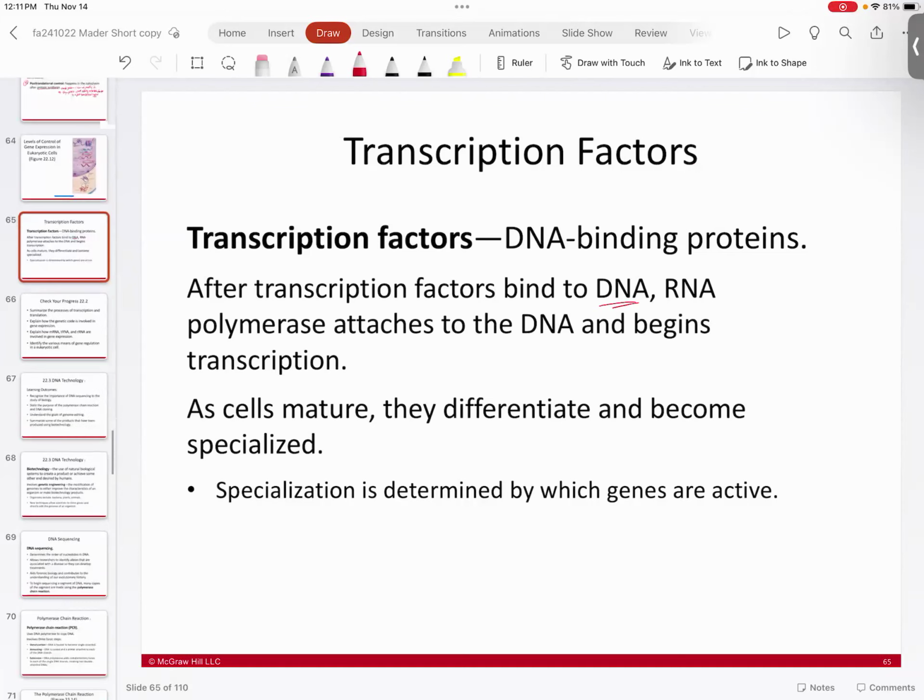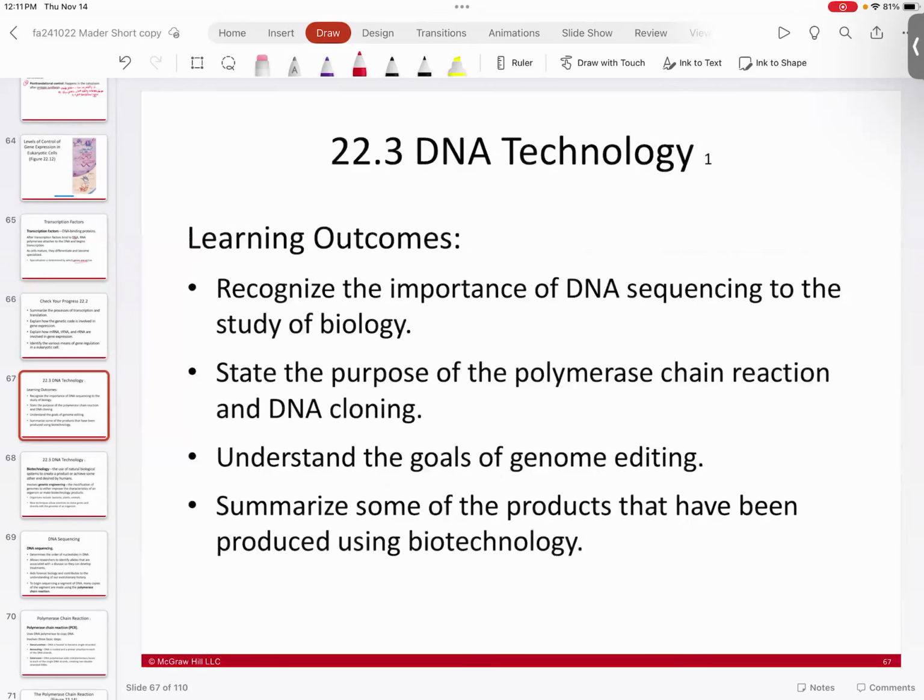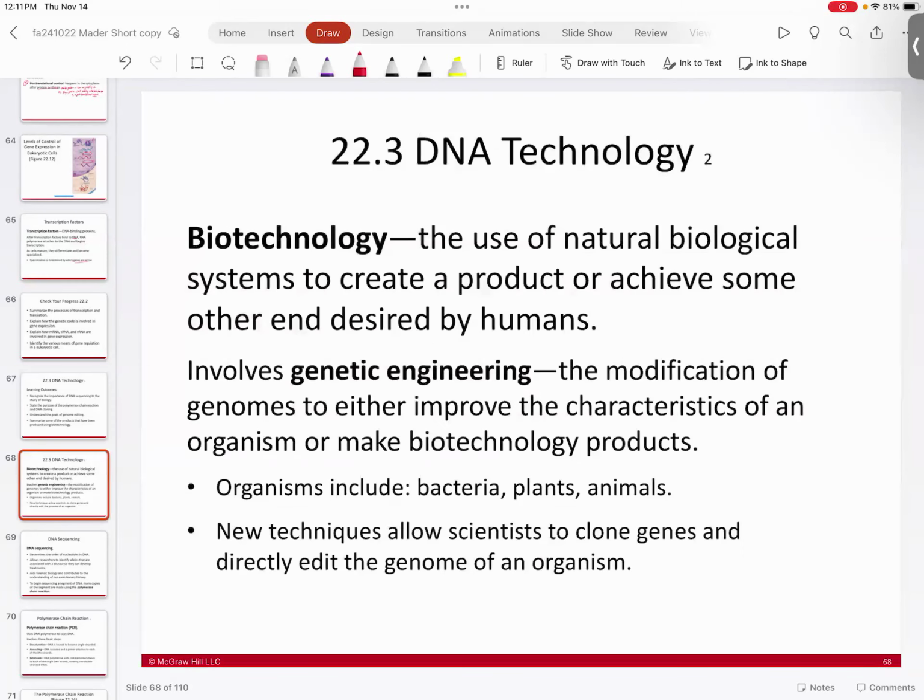This basically will allow you to control how transcription works. Of course, as cells mature, they differentiate, they become specialized for specific tasks. Oftentimes the specialization, which we call differentiation, is associated with which genes you're turning on and which genes you're keeping off. So let's go ahead and take a look at some biotechnology.